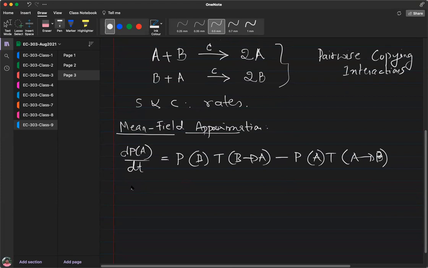Let's write down P of A, and let's give it a notation. Let's call this XA. What do I mean by that? XA means it's a proportion.